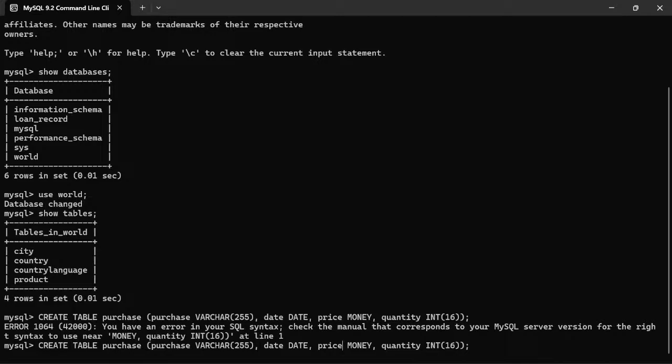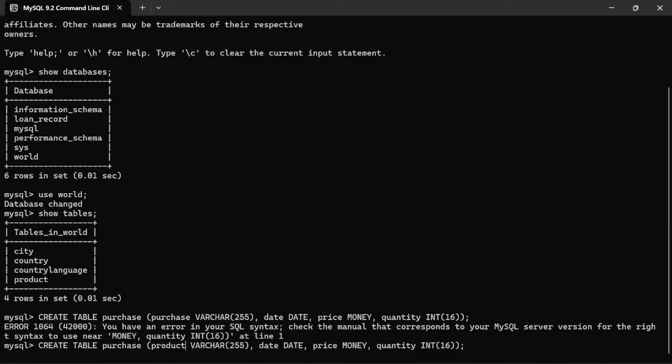Create table process. Okay, first of all, this is a table name that has the column process. It will be really complicated now. So I want to use here product.